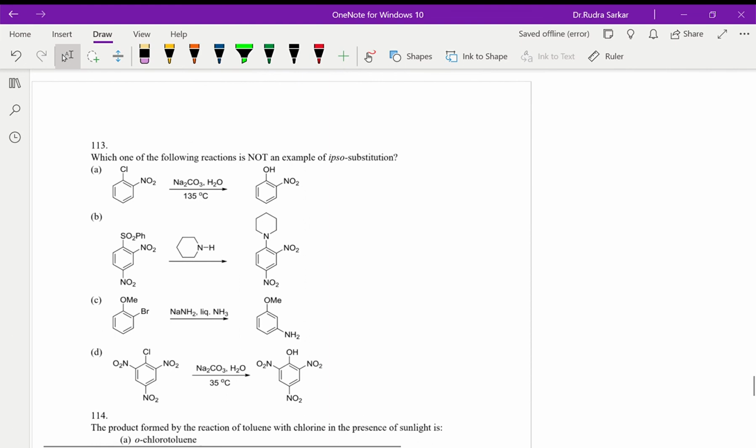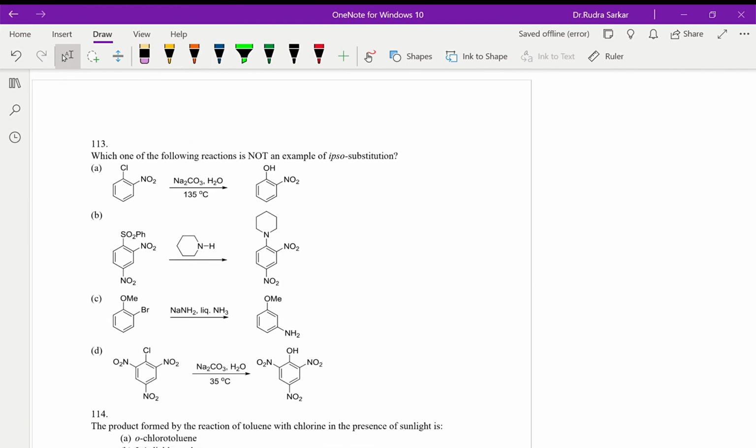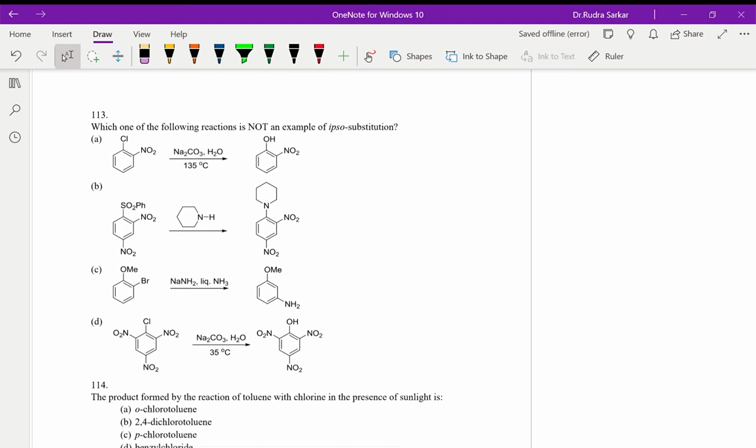Next we have been given: which of the following reactions is not an example of ipso-substitution? Ipso-substitution means there is a leaving group and something is replacing it. Over here in this condition, this is a basic medium and our leaving group is chlorine.